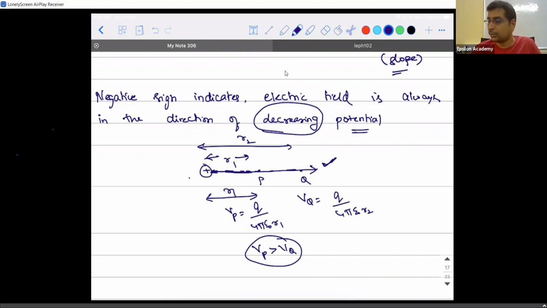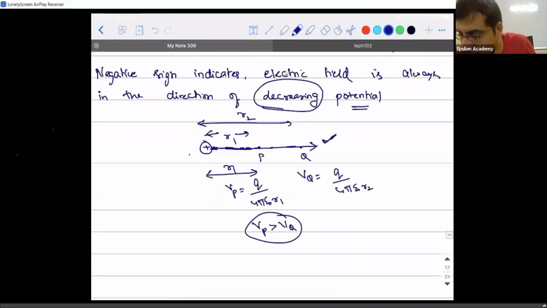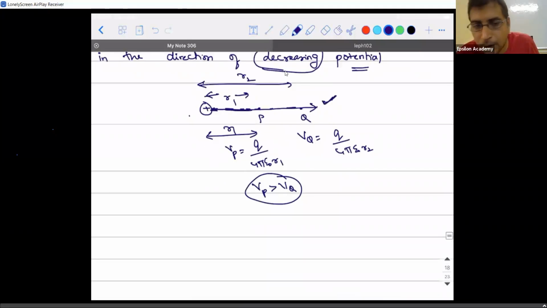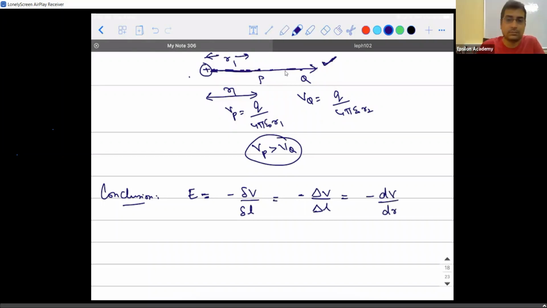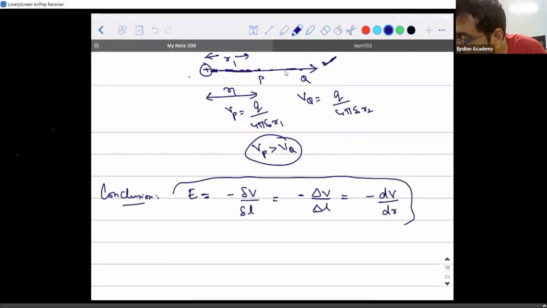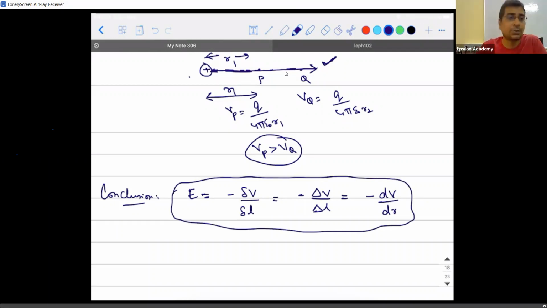Everyone understand? Based on this concept, you are going to do a very important problem. Concentrate. The conclusion I am giving you here, please make a note of: the electric field can be written as minus delta V divided by delta L. Some books give it as minus dV divided by dr. You introduce the minus sign only when you need to say that the electric field is in the direction of decreasing potential.